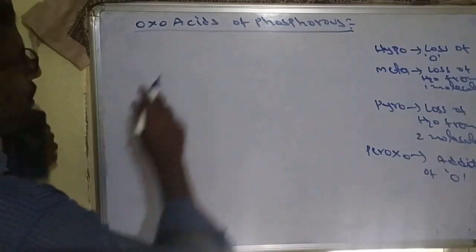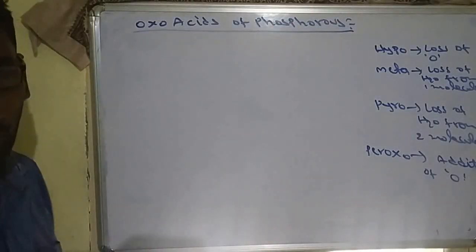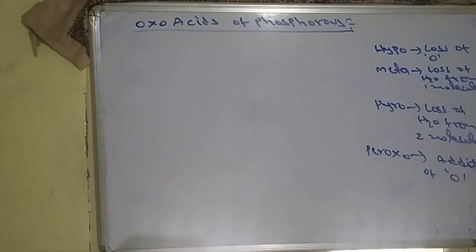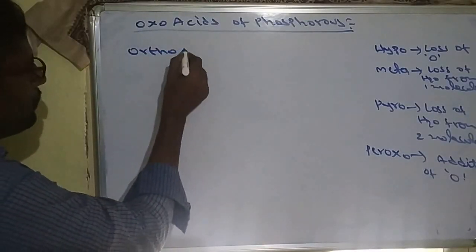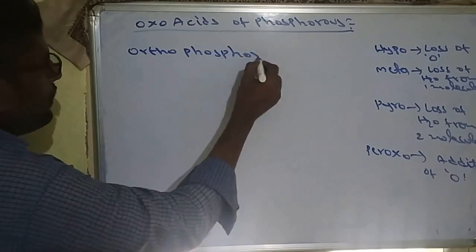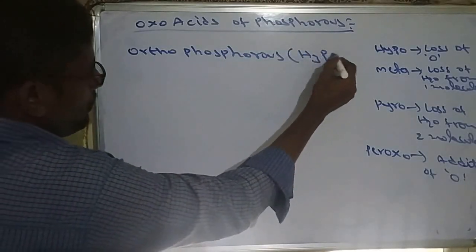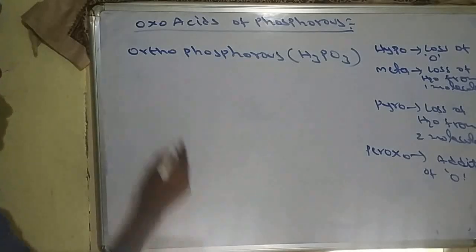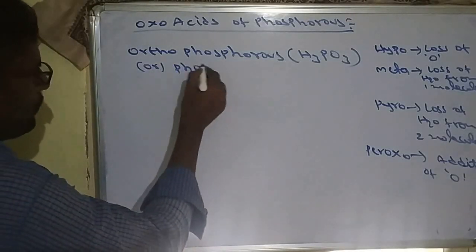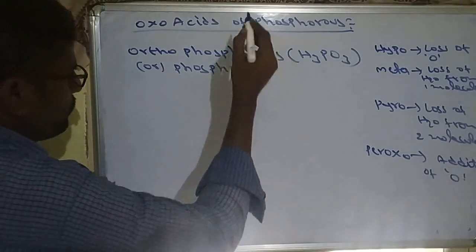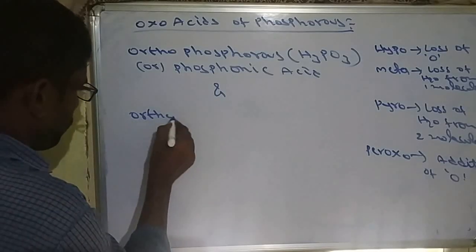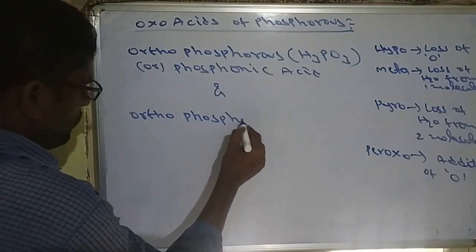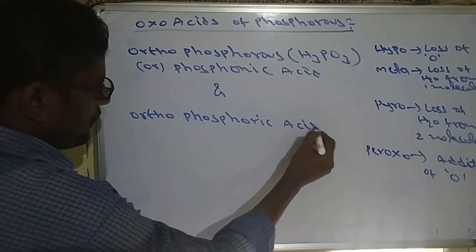Now oxo acids of phosphorus. Phosphorus exhibits two types of oxo acids. That is orthophosphorus, formula H3PO3, which is also called phosphonic acid, and the second one is orthophosphoric acid.